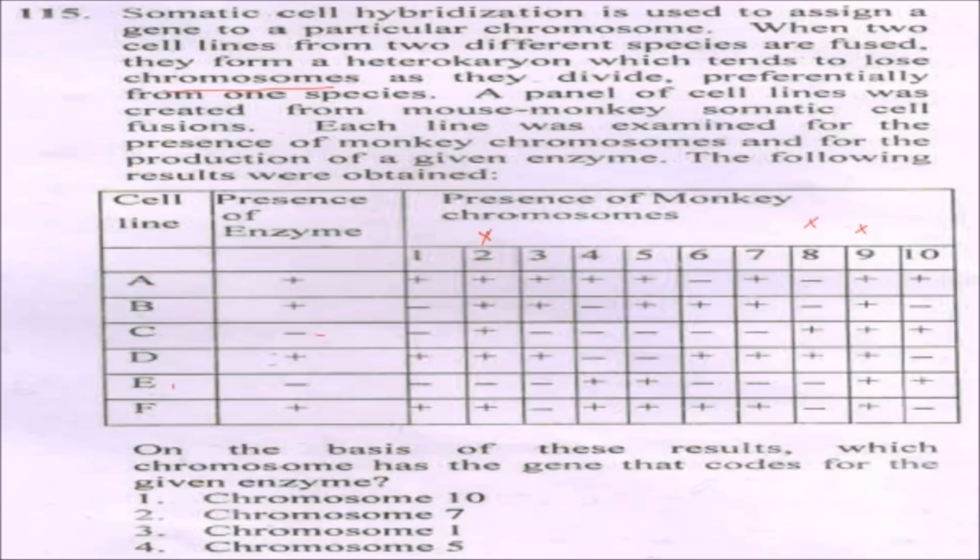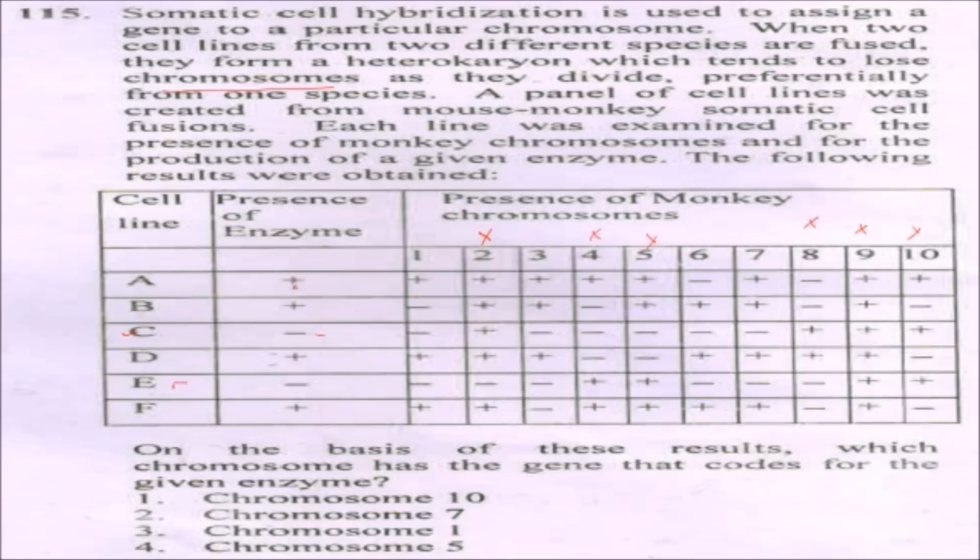If these chromosomes were responsible for the production of the enzyme, then they should be absent in cell line C. But as they are present, it is obvious that chromosomes 2, 8 and 9 have no role in the production of the enzyme. Next, in cell line E, we have chromosome 4, chromosome 5 and chromosome 10. So obviously these chromosomes are also not playing any role in the presence of the enzyme.